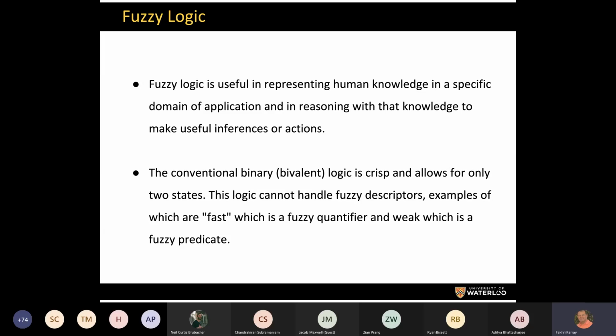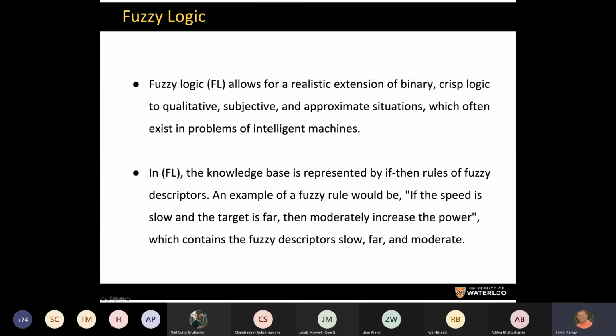So the information is not represented and processed as true or false, but could be presented as somehow true, somehow false, very true, very false. So we are going to describe this type of human knowledge representation and map it to this particular technology, which we call fuzzy logic system. So we will speak about this later on in the course.